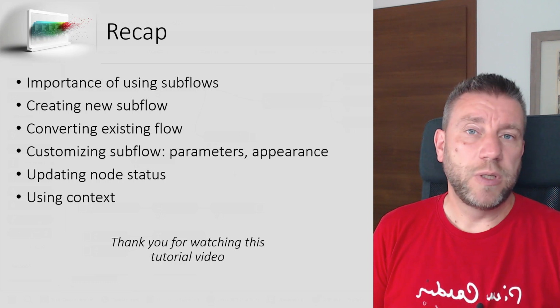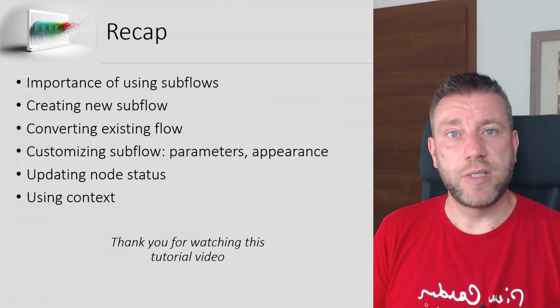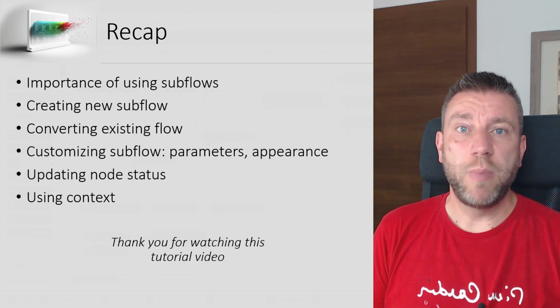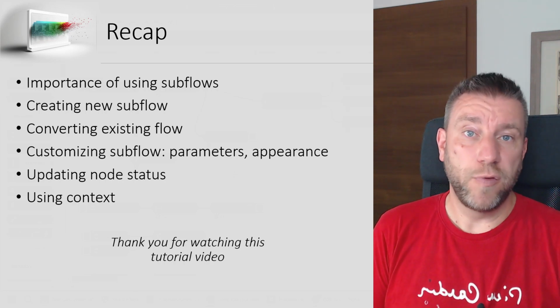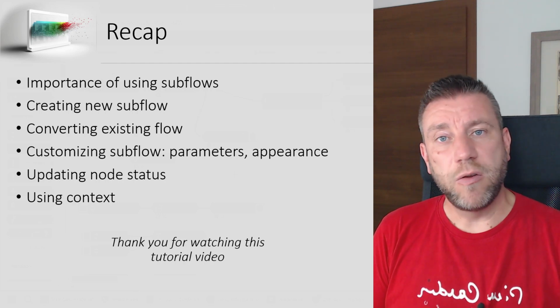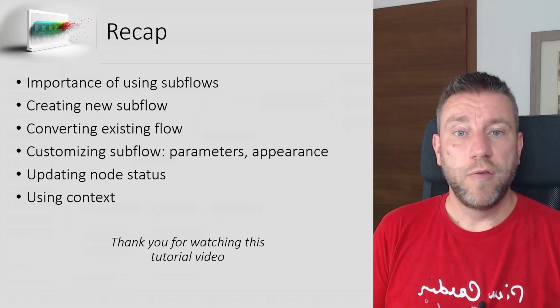So just to recap what we talked about today. Today we understood the importance of the subflow, why we want to use it in our flows: to make our life easier, to make our flow better looking, and of course to avoid duplication of the same logic. We have seen how we can create a new subflow from existing flows, or create a new one from scratch.